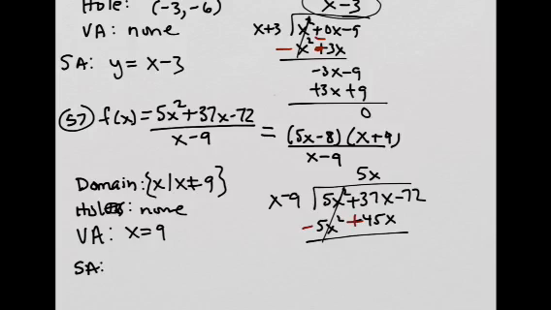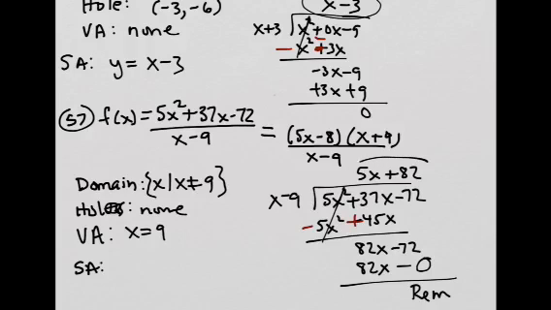And what is it, 82? Okay. And so x times something gives me 82x, so it'd be plus 82. I could do the multiplication and get the answer here, but it wouldn't matter because this is going to be a remainder. So I don't care about the remainder, I only care about the quotient up here. So the slant asymptote is going to be y equals 5x plus 82.